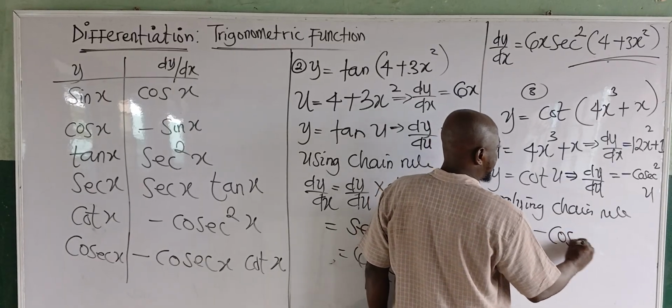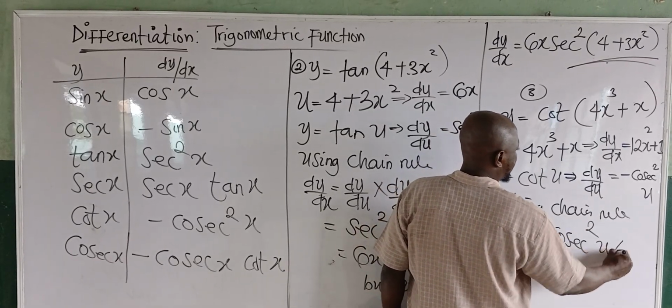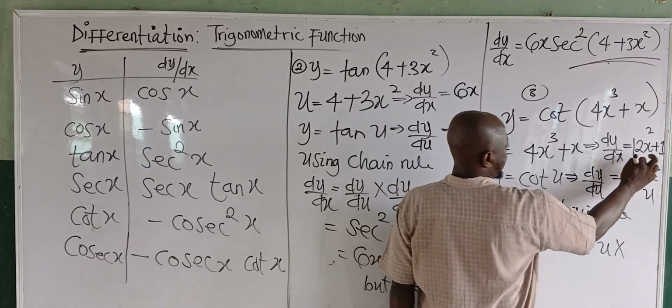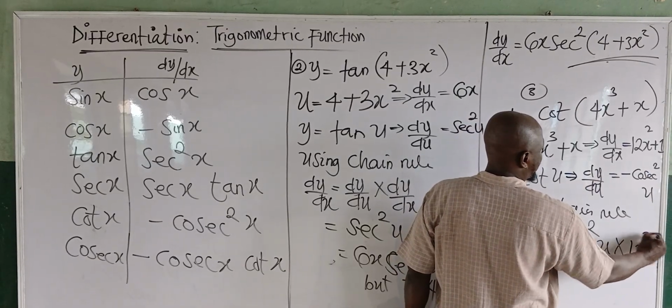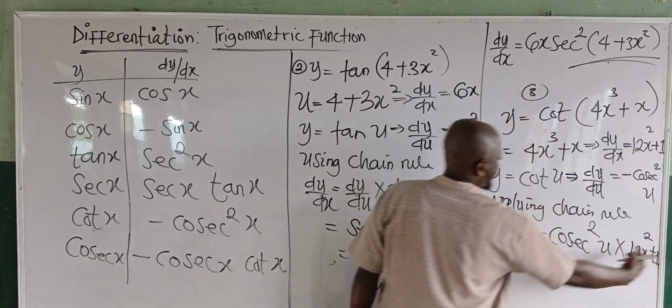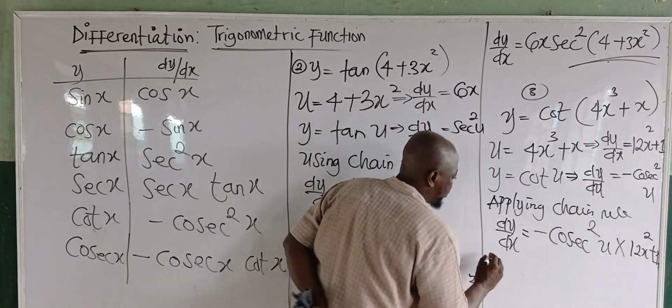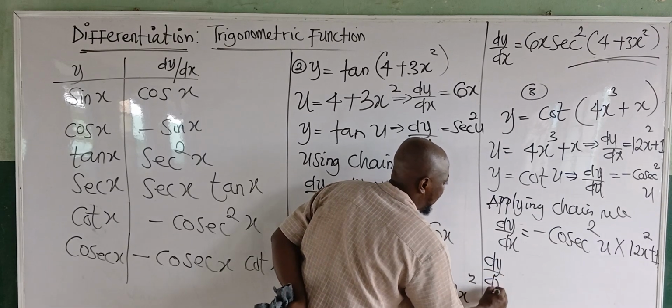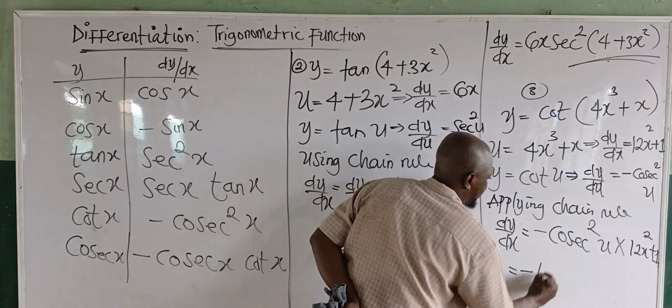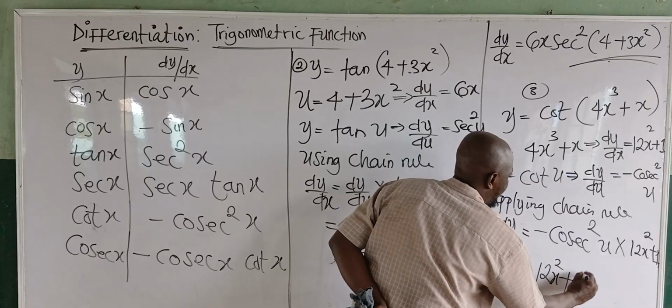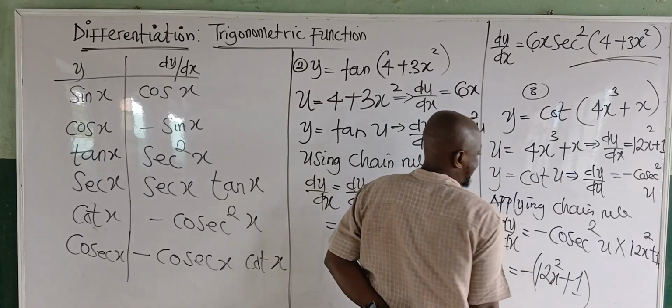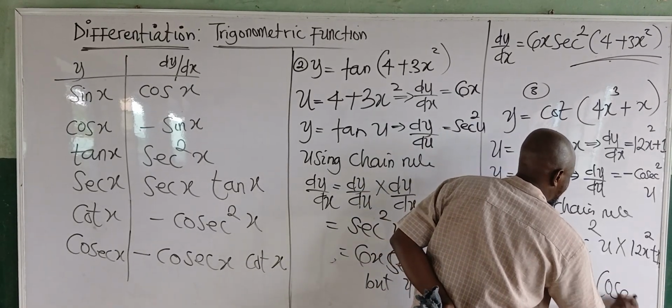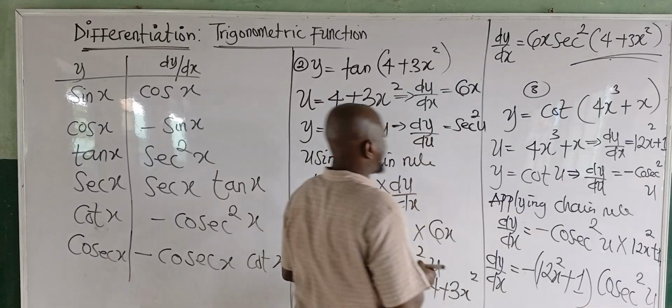So I'll do this one, cosec square u times, what do we know again? We have 12x squared plus 1 here. So from this point now, move all this one here. So we say our dy dx here will give us minus 12x squared plus 1 here, like this. Then cosec square u. That's what we know.